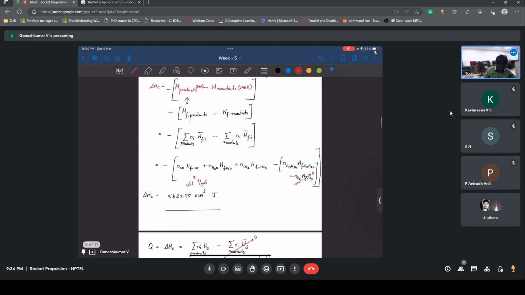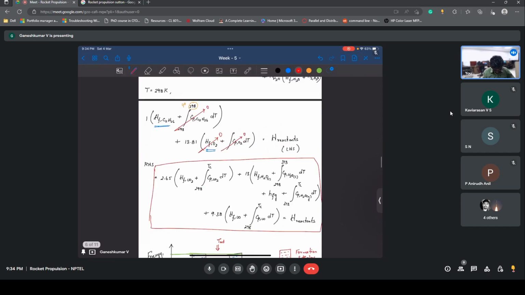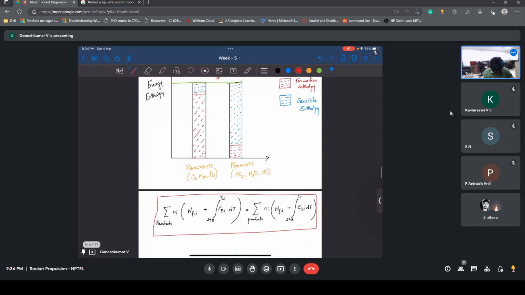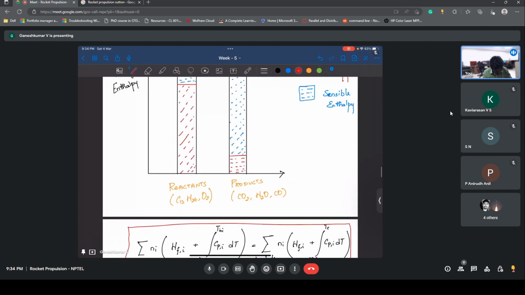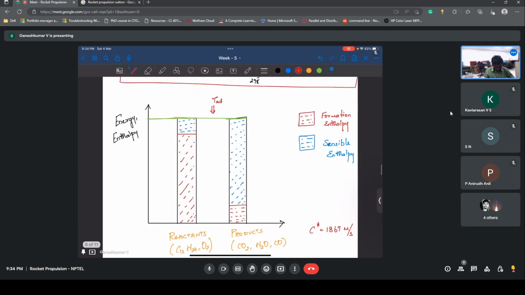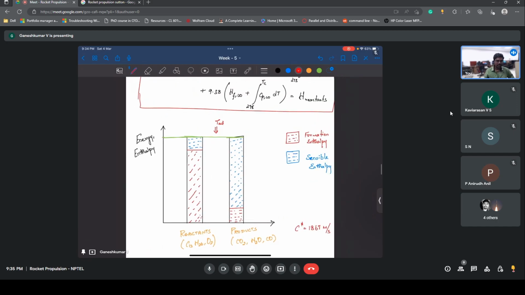Based on that, I get the C star velocity, around 1867 something meters per second. You can complete this problem and check for yourself.